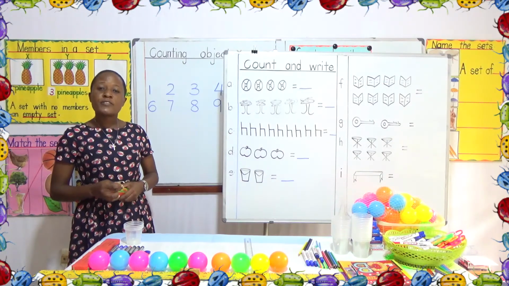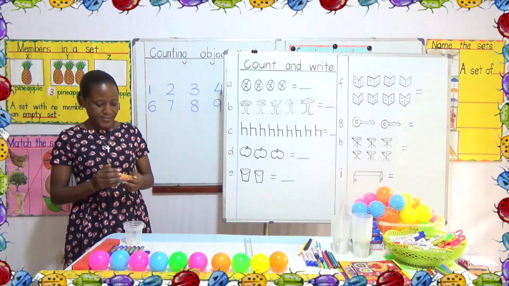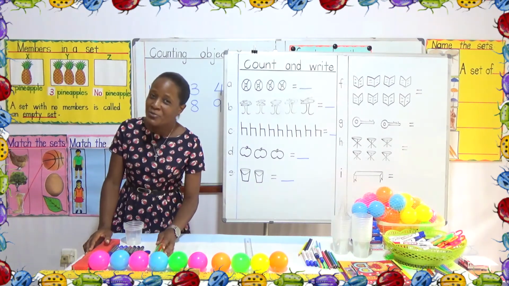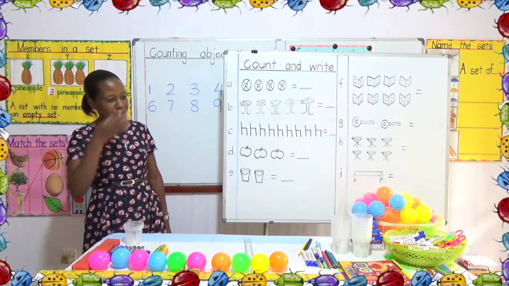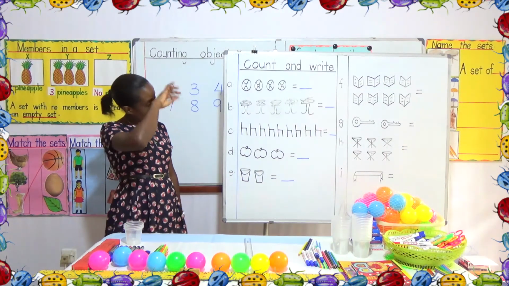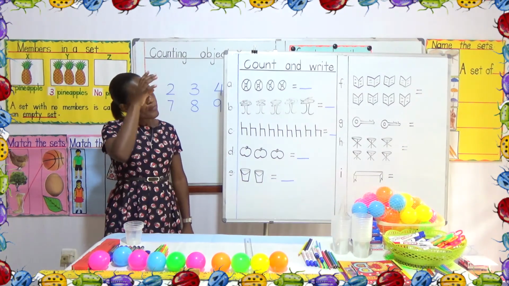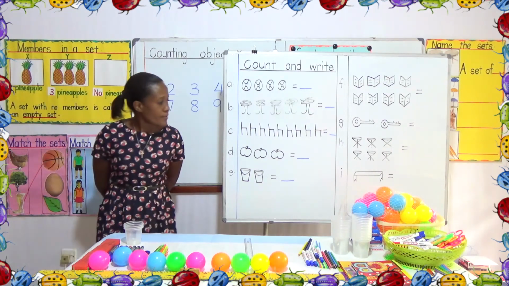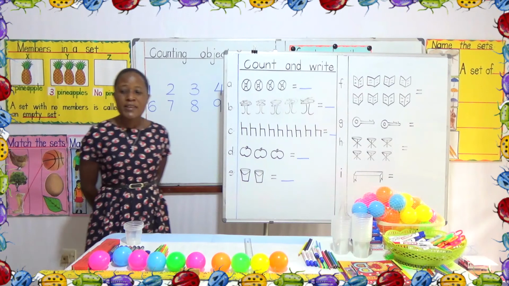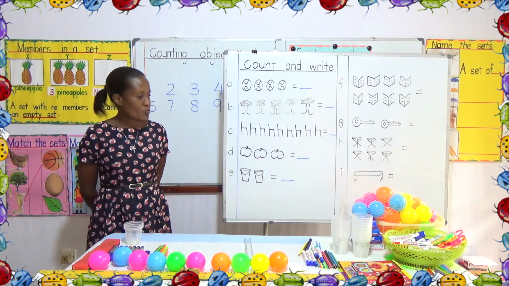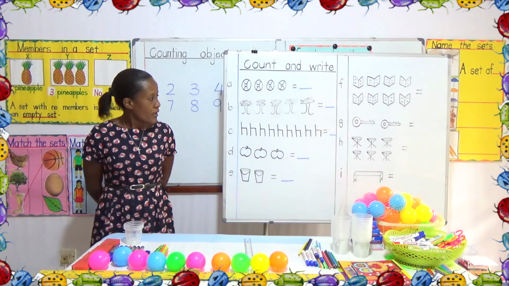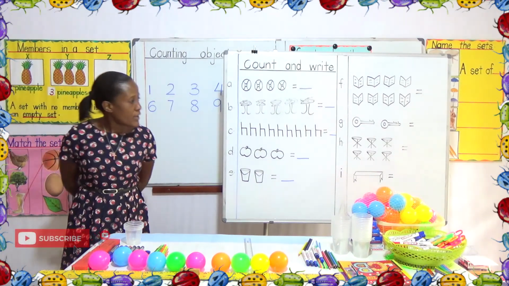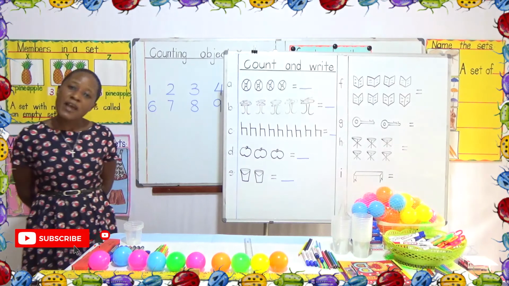Count and write. Very simple work. It is not good to dodge the teacher's work. So make sure you do the teacher's work. Good children never dodge the teacher's work. Take your time, count the objects and write.